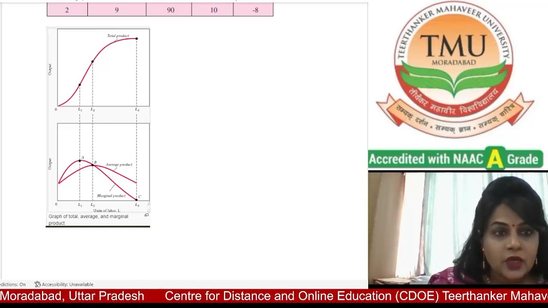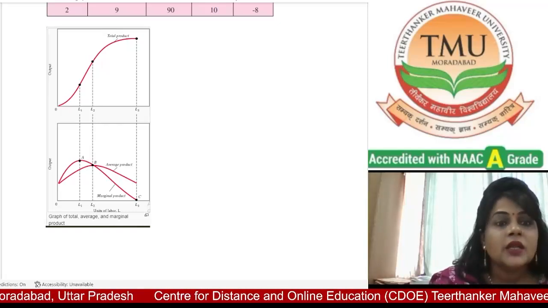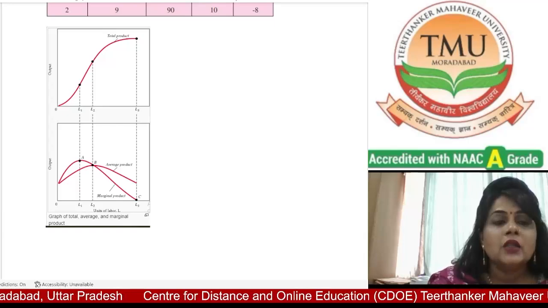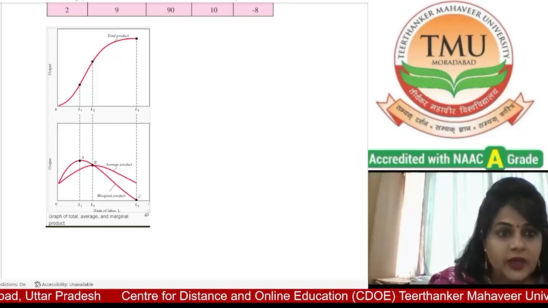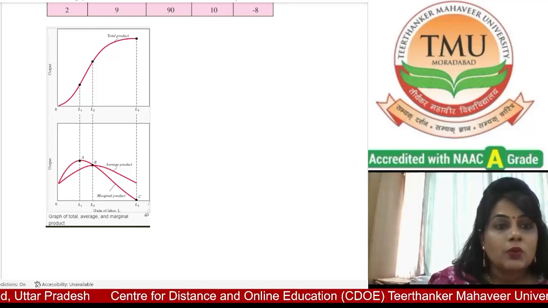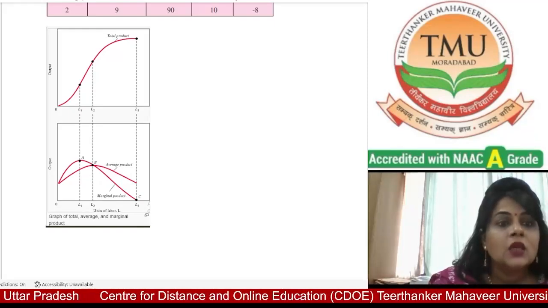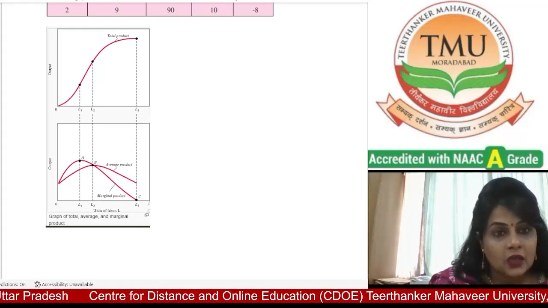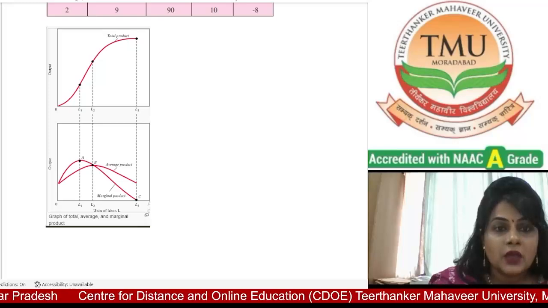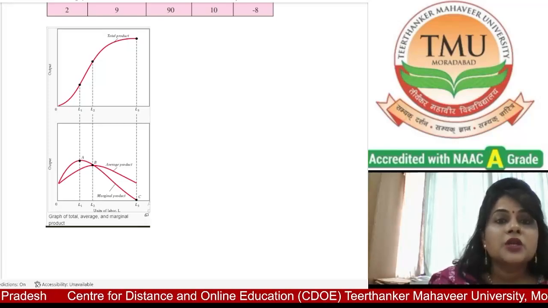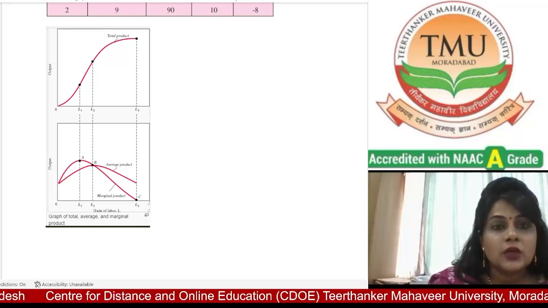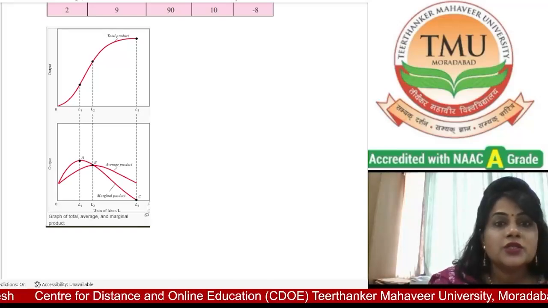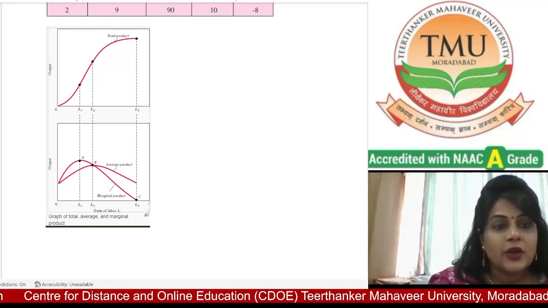It is the point of inflection. This continues until the total production curve reaches its maximum point. It becomes maximum when the MP is declining and negative. Here comes the decline, the total production also declines. When MP becomes zero, total production reaches its maximum point.